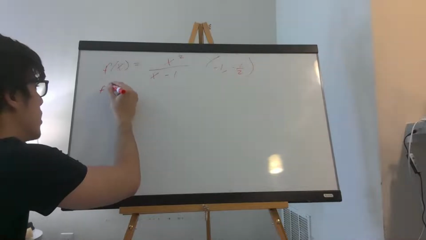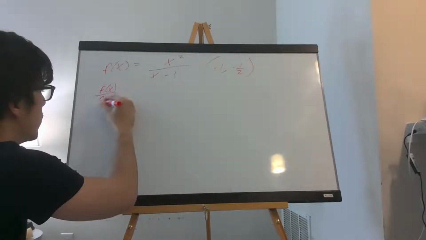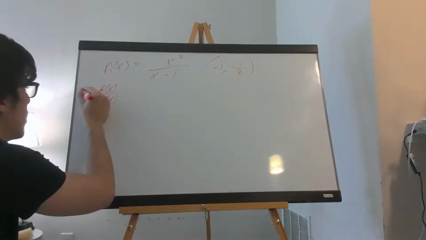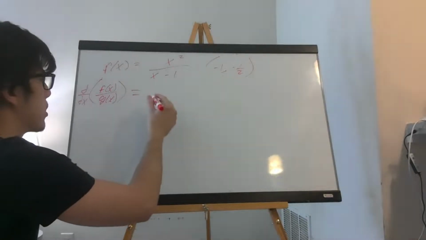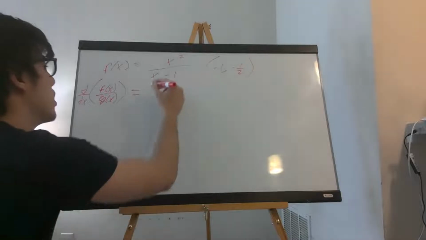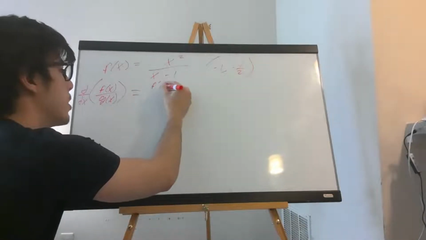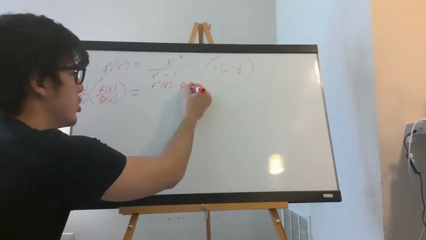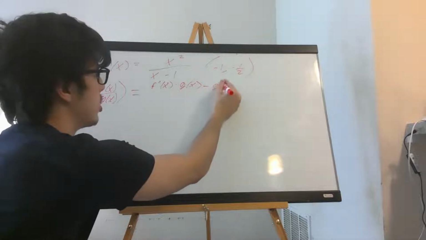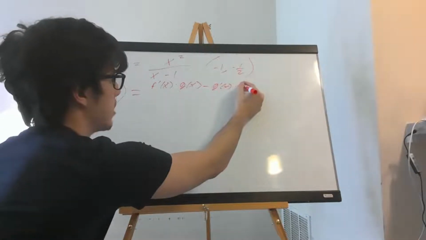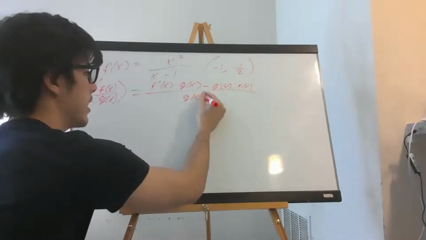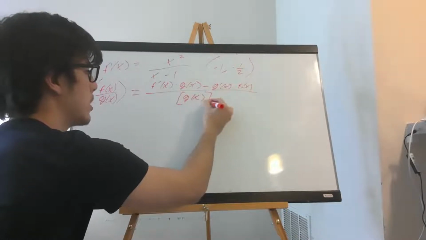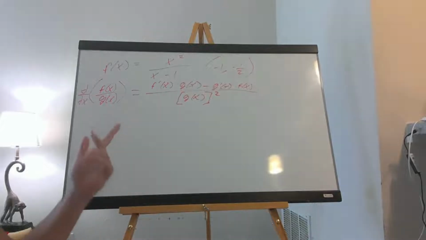So we're going to have f of x over g of x, dx of that is going to be equal to f prime of x times g of x minus g prime of x times f of x, over g of x squared. And I'm just reiterating this.